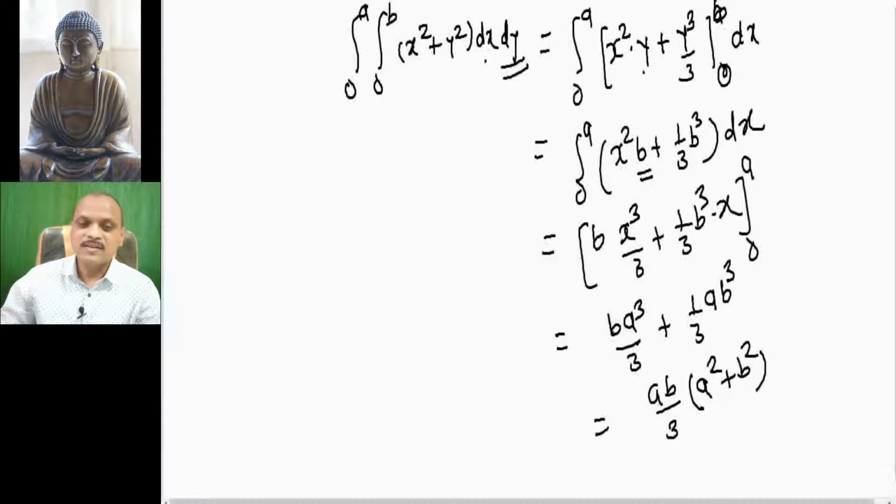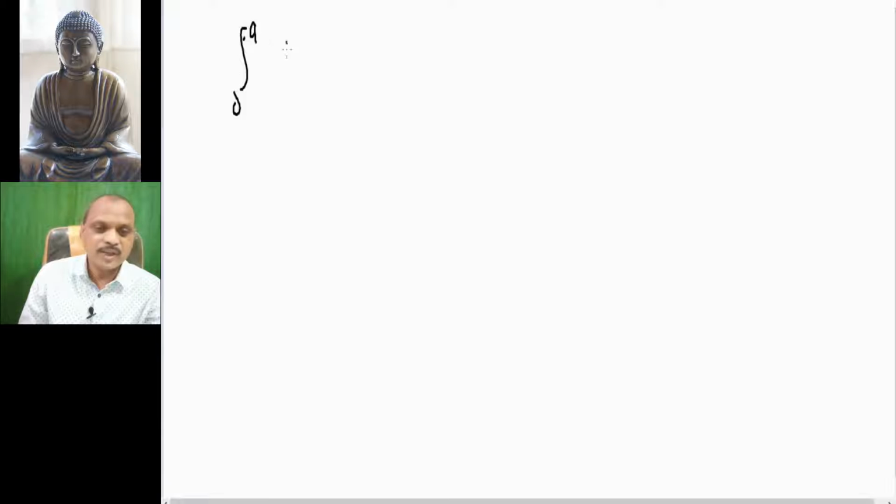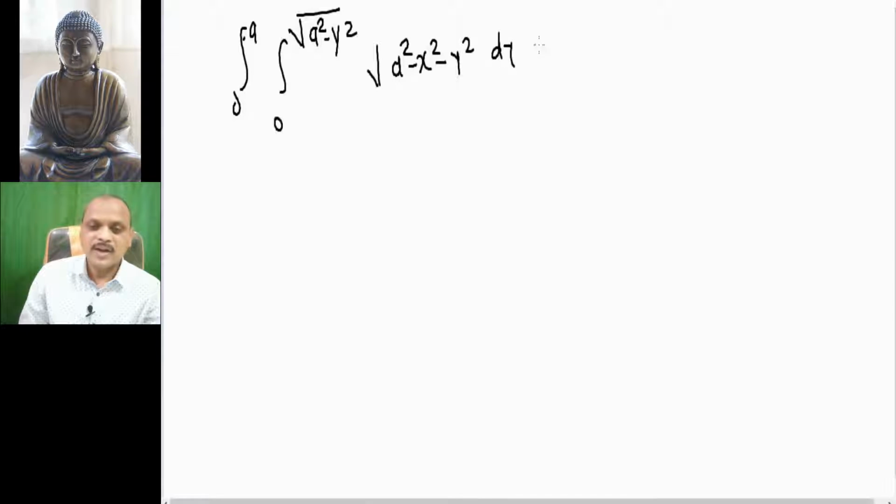Let us consider one more problem on double integration. Suppose we would like to evaluate integration 0 to a, integration 0 to under root of a square minus y square, of under root of a square minus x square minus y square dy dx.